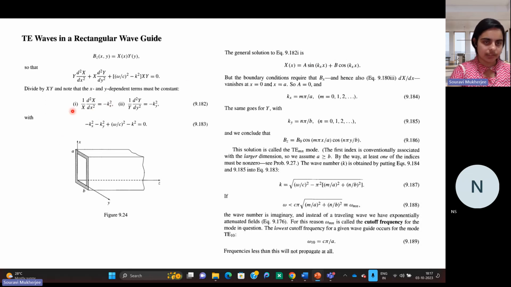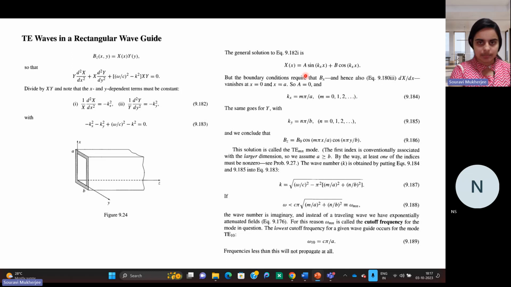If you just take the first part, just for x, this is the general solution that you are supposed to get. Similar would come for y. Now if we look at the solution for x, here we'll apply our boundary conditions.